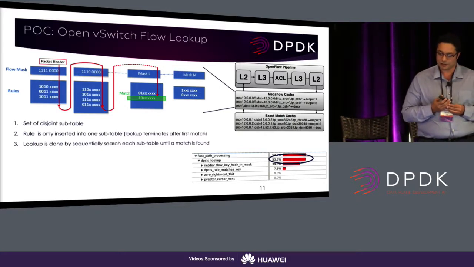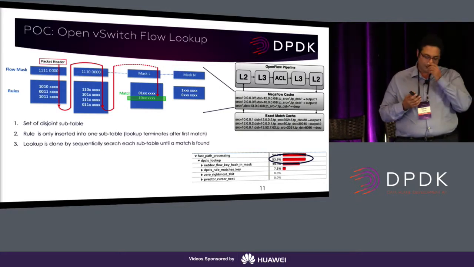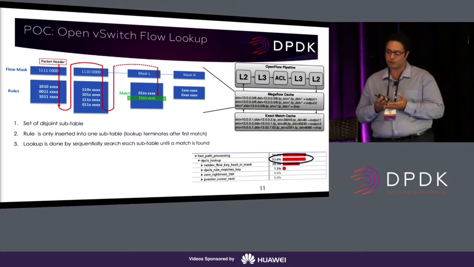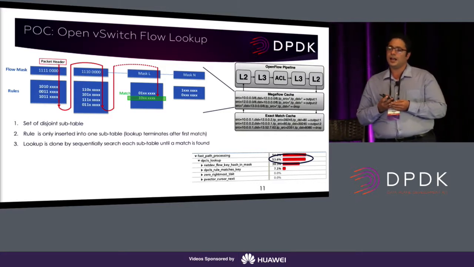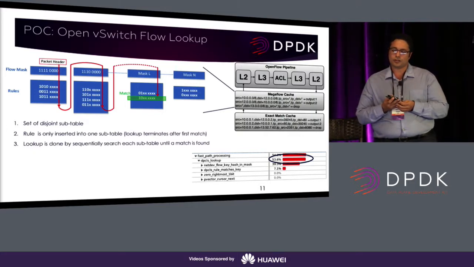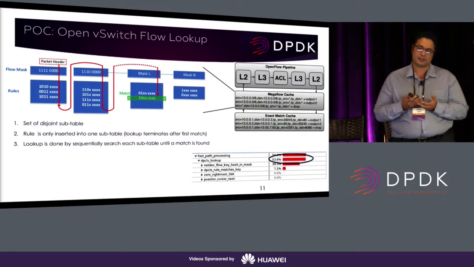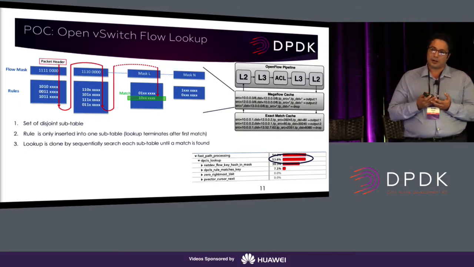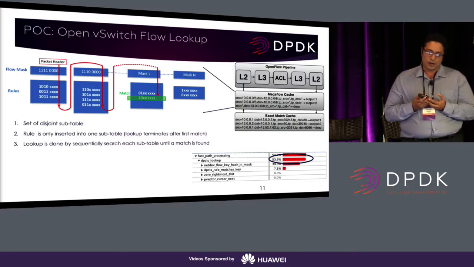The exact match cache is the lower layer of classification, doing an exact match of the flow key. Then the megaflow cache is doing not an exact match, but it's trying to match your key to a specific mask. And then the upper layer is doing the OpenFlow layer.